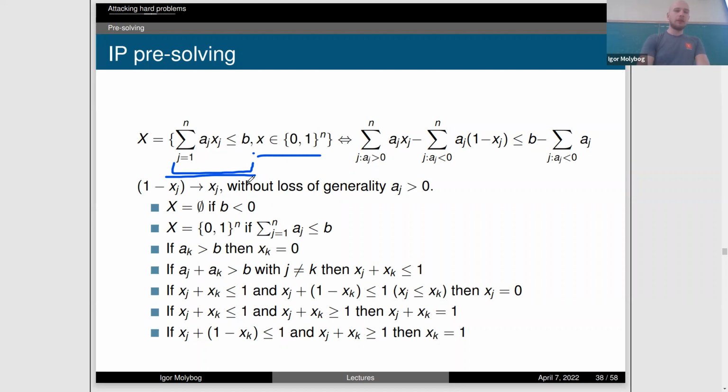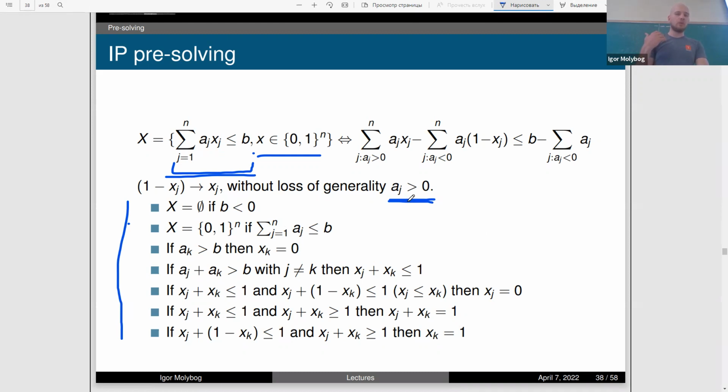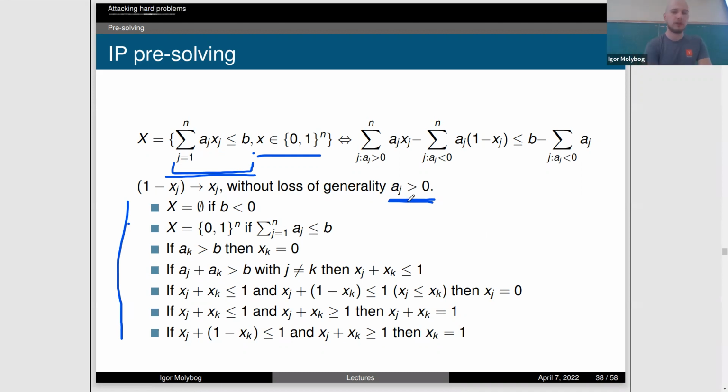First of all, for the purpose of this discussion, without loss of generality, we can assume that aj is greater than 0, and everything that we state can be easily proven for that case. Why can I say that without loss of generality?